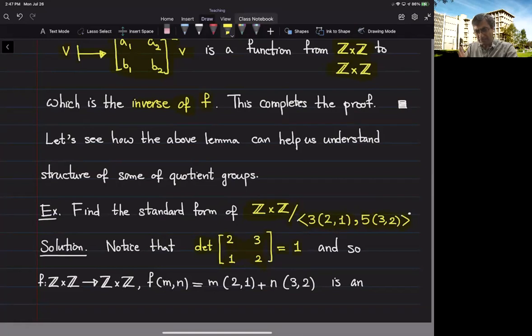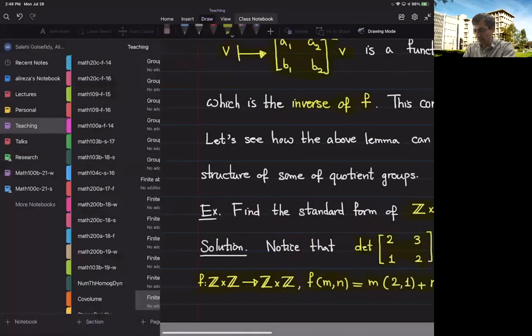And that means, by the previous lemma, the function from Z cross Z to Z cross Z, which sends the pair (m,n) to m times the first column plus n times the second column, is an automorphism of Z cross Z. Now we are in this realm. I'm considering some integer multiple of this and some integer multiple of this, and these integer linear combinations, if I consider all of them, give back the entire Z cross Z. f is an automorphism of Z cross Z. Okay, so what?